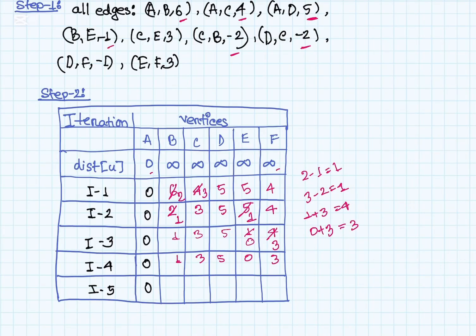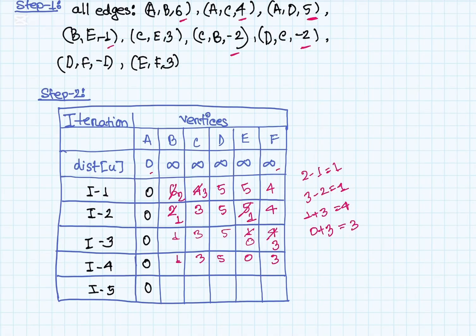C to B is minus 2, which is 1. D to C is minus 2. 5 minus 2 equals 3, so no changes. D to F is minus 1. 5 minus 1 equals 4, which is greater than the current value, so we'll not be changing the distance of F either. E to F is 3. 0 plus 3 is 3. It is written down as such.